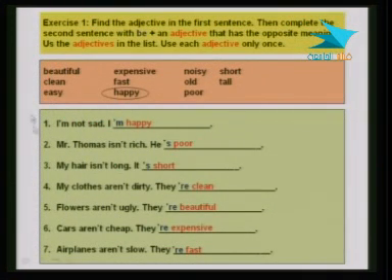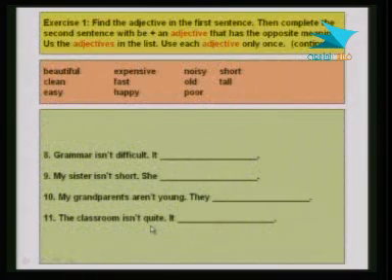I'm not sad. Isn't means is not. My hair isn't long. Aren't dirty, aren't ugly, aren't cheap. Aren't means are not.